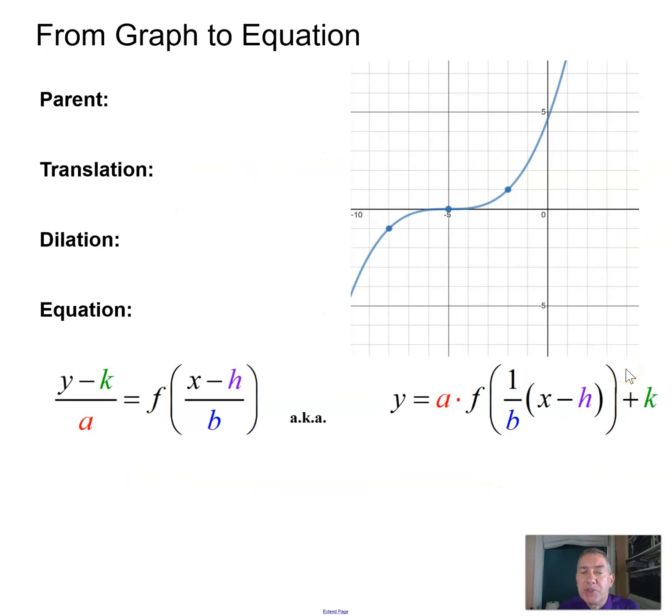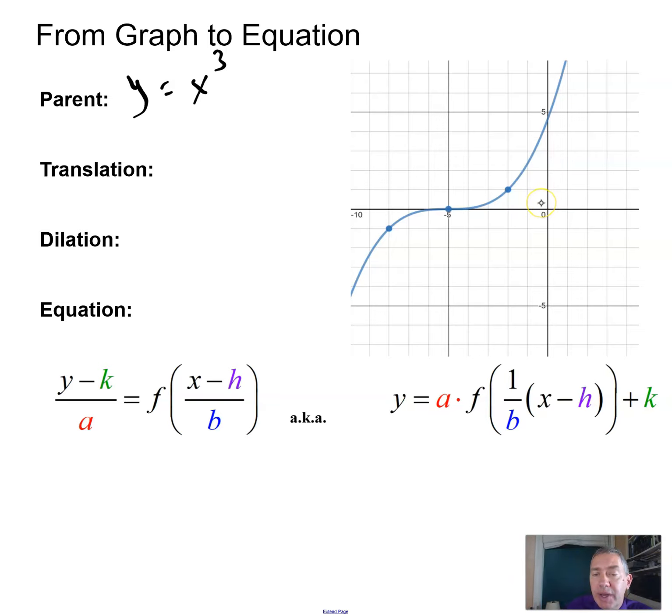From the graph to the equation, what is the parent function? Pause for 10 seconds or whatever it takes you to figure out what the parent function is. Okay, now that you know what the parent function is, I hope you wrote y equals x cubed. That's the shape of y equals x cubed. How is it translated? y equals x cubed would normally go through 0, 0, and 1, 1, and -1, -1.